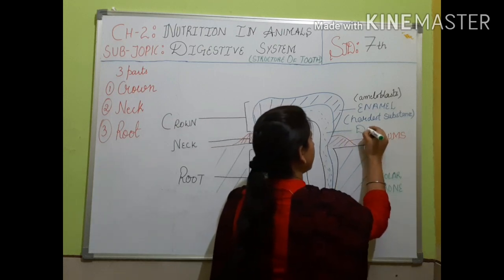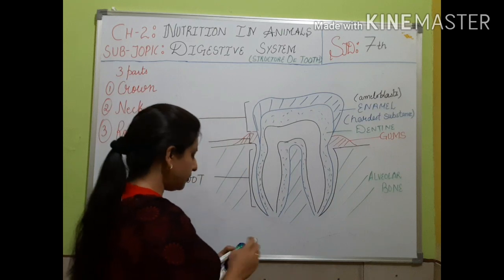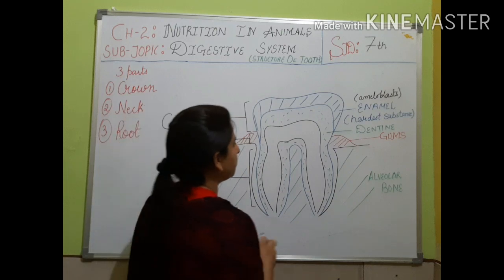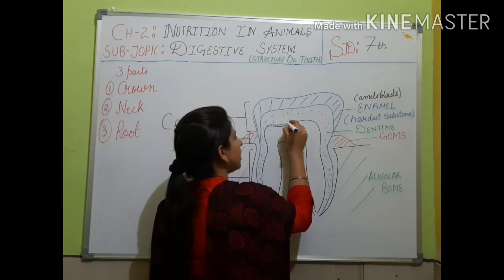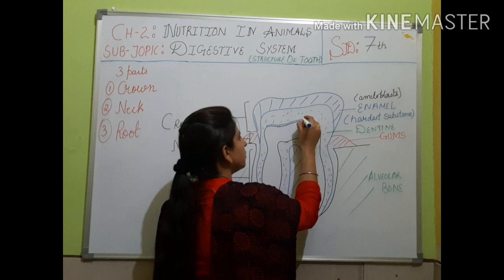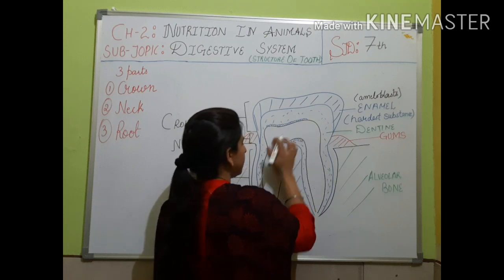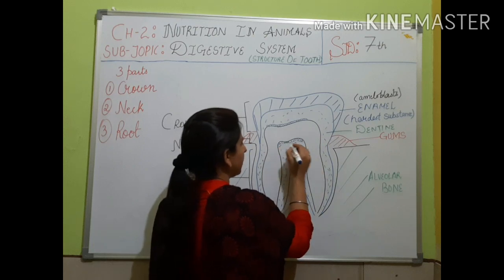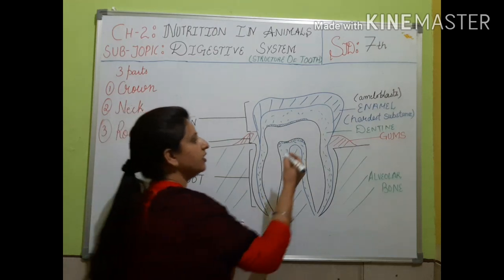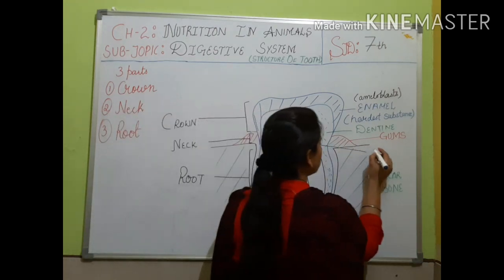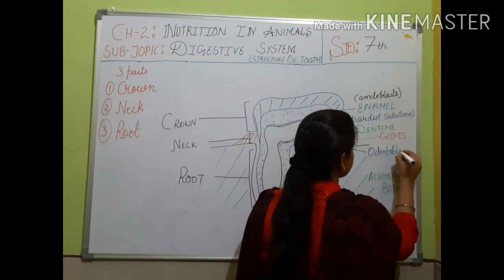This dentine is secreted by special cells which are present on both sides of this black part, the pulp cavity. These special cells which secrete the dentine are called odontoblasts.